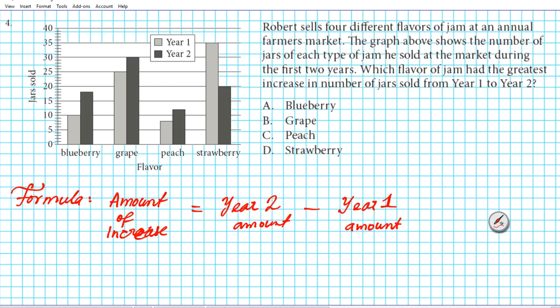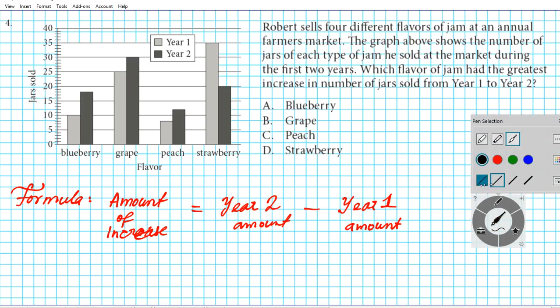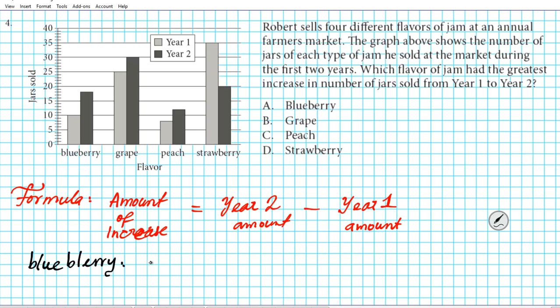Alrighty, let's start with blueberry. Blueberry is going to be in black. For blueberry, we have year 2 minus year 1. The year 2 amount is the one in black as indicated here.